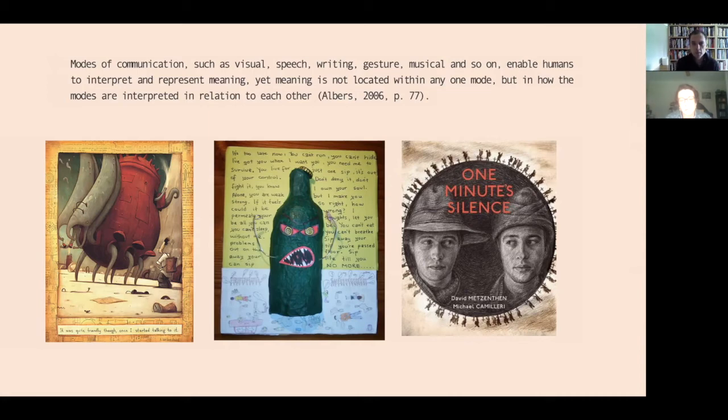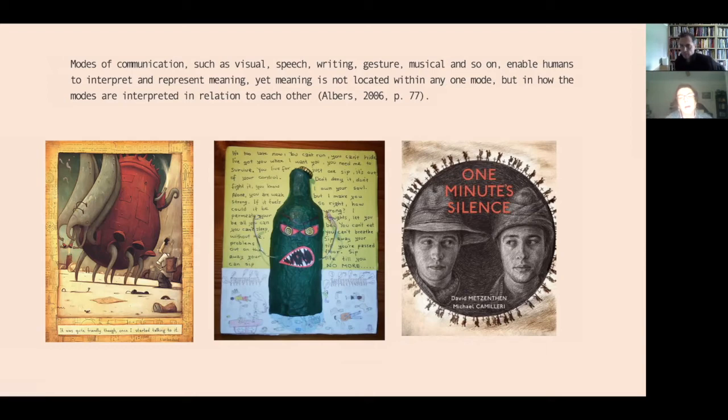Some of you might be familiar with the image on the left from Shaun Tan's story and short film The Lost Thing, and David Metzenthen's text One Minute Silence. So these are examples of multimodal texts that are popping up in English classrooms these days and provide some additional opportunities for meaning making. Fleur, did you want to address any of these texts in particular or make any comment here?